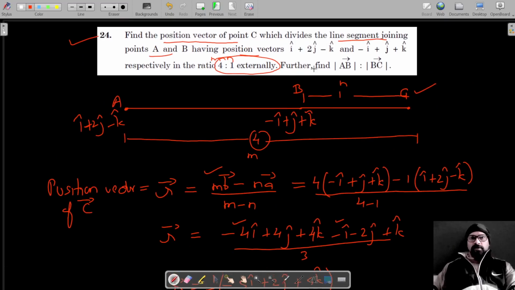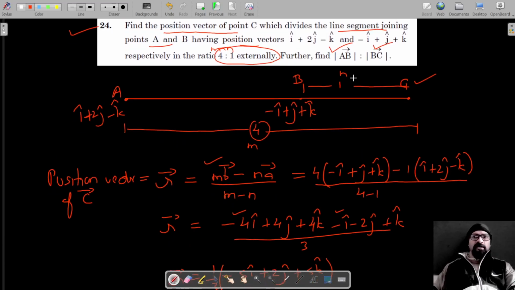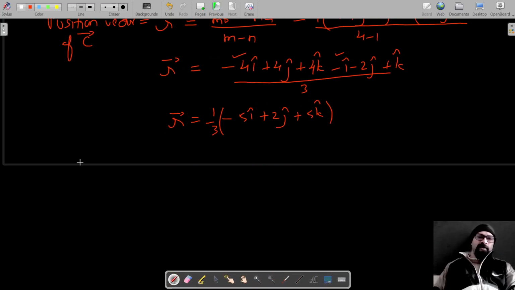Okay, let's move on to the next query. It says that we have to find AB vector and BC vector and its ratio, the magnitude of AB and BC.